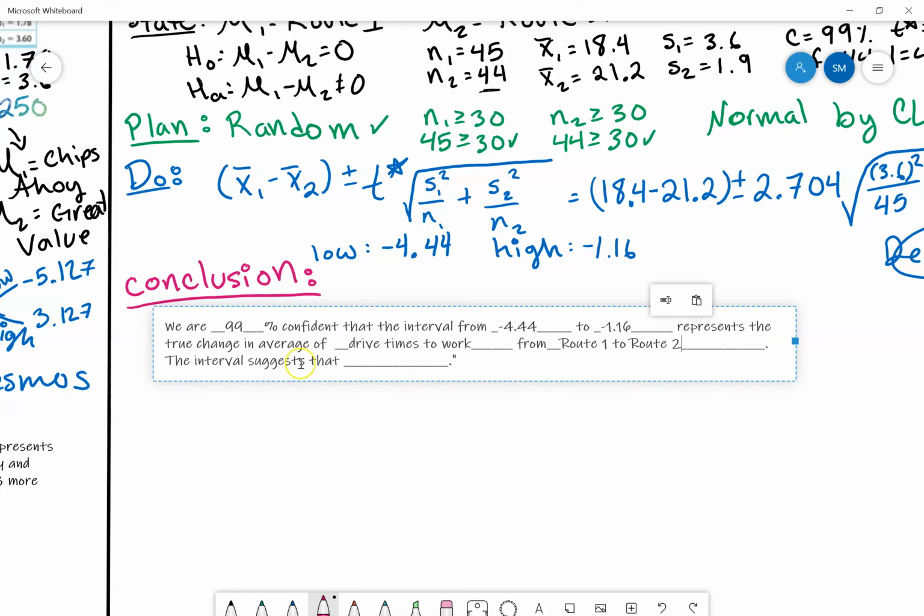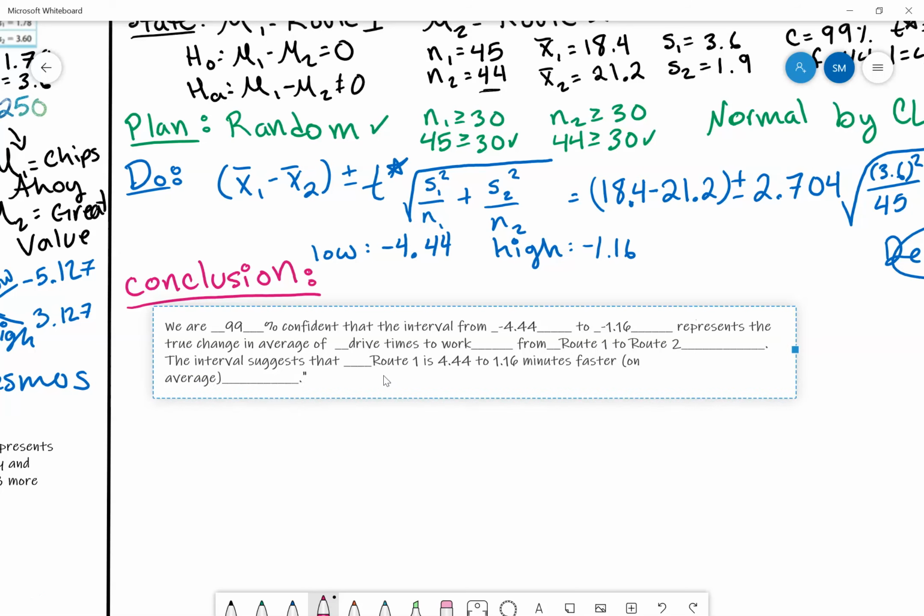The interval suggests that route 1 is 4.44 to 1.16 minutes faster on average than route 2.